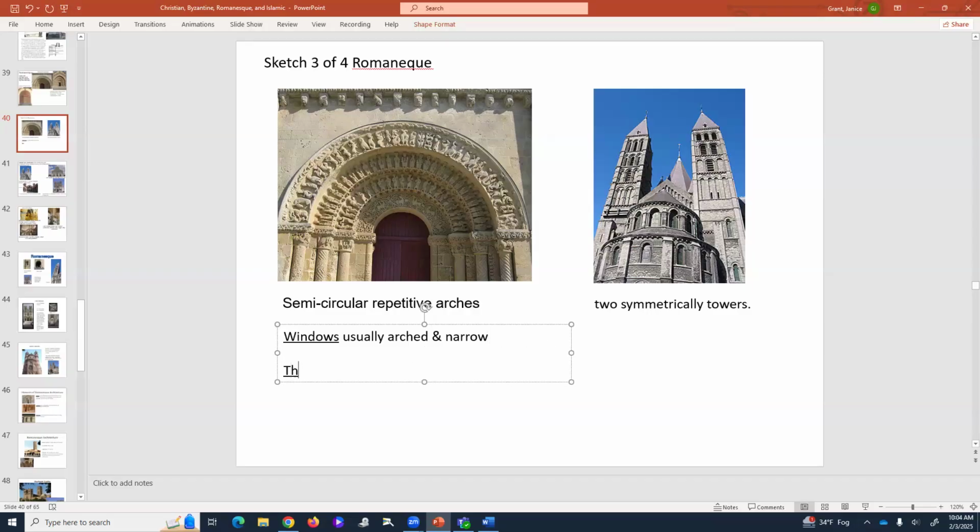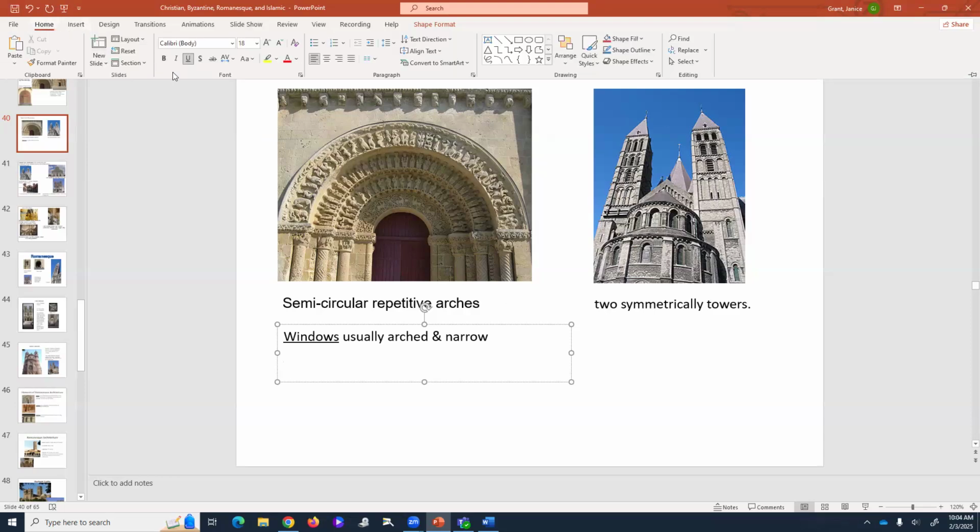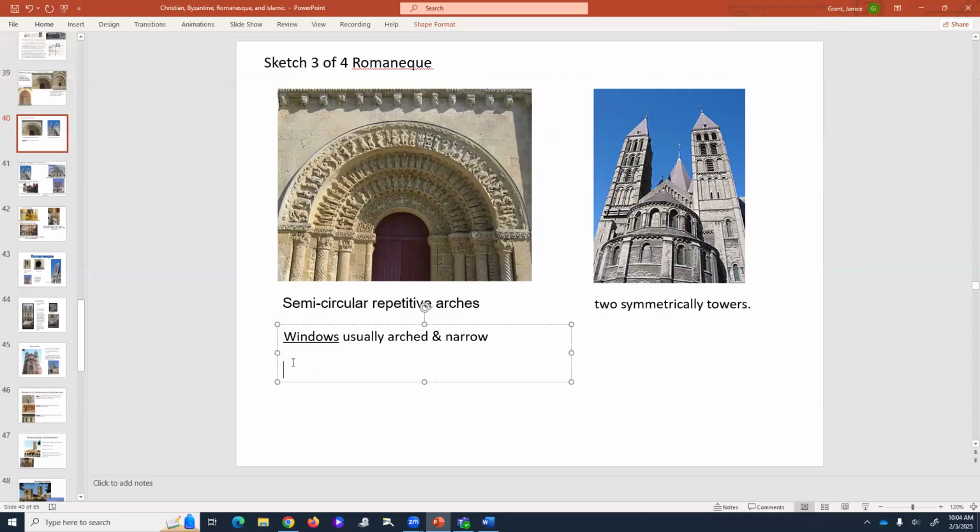I'm saying thick columns because these are going to get thinner over time. Massive columns with multi-layered pilasters.